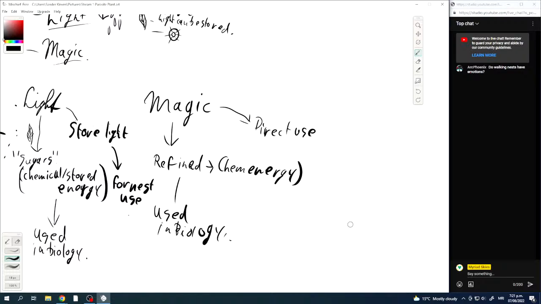Yeah, they'll have emotions, but the emotions may work a bit differently from other beings. Actually, now that I think about it, it would be kind of complicated. Because the walking nest's mind consists of the combined minds of all of its member species.